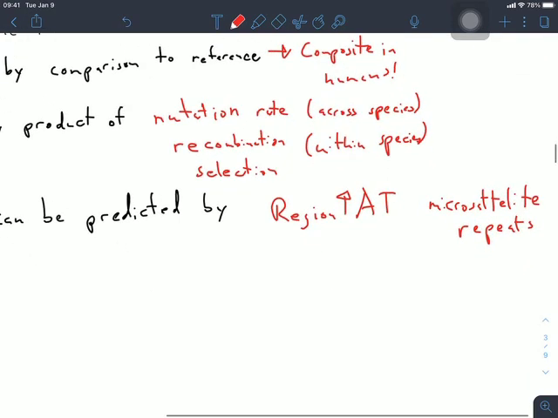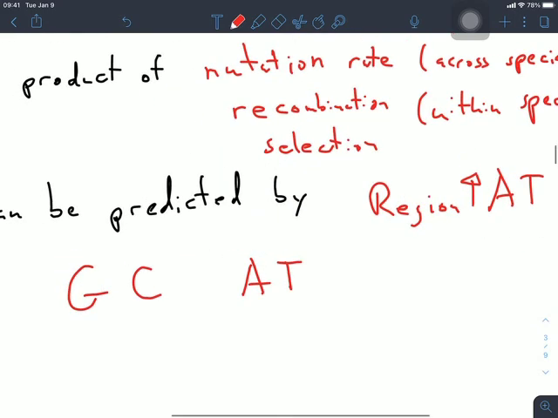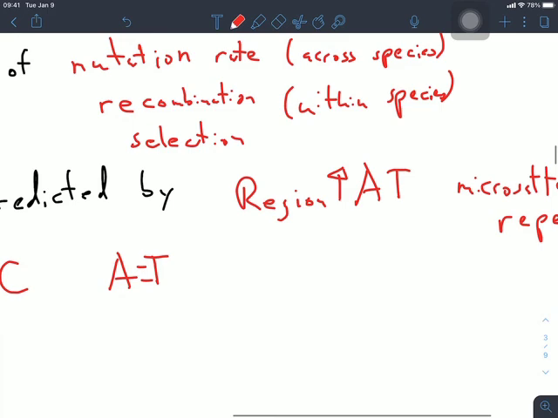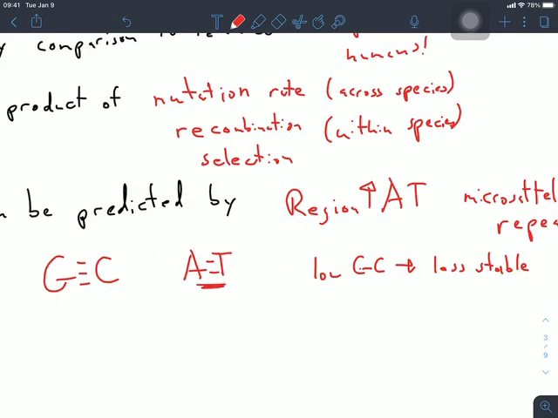Now, what's the mechanism behind this? Well, you may remember when we draw G to C and we draw A to T, how many hydrogen bonds are between them? 3 between G and C and 2 between A and T. What this means is that regions that are low in GC content are going to be less stable, right? The more AT you have, the fewer hydrogen bonds you have connecting your two strands of DNA, and therefore, the more quote-unquote unstable that DNA is to things like heat.